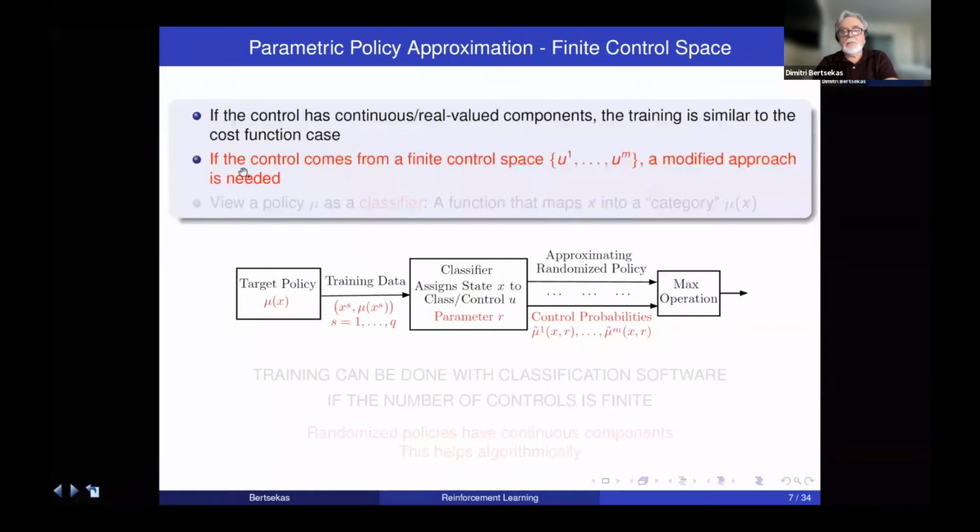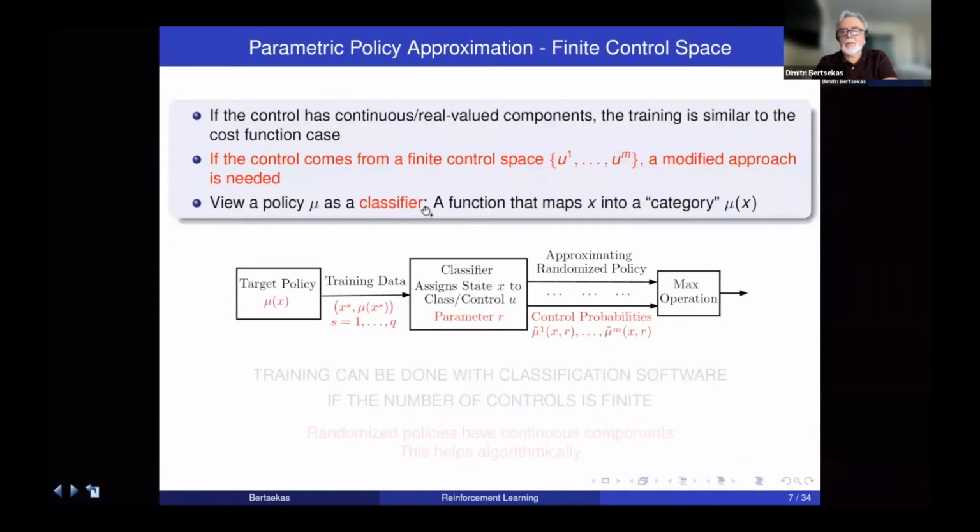On the other hand, if the control comes from a finite control space, and can only take a finite number of values, then we need to modify the approach of approximation a little bit. And there's an interesting analogy, an interesting relation between finding an approximating policy and building a classifier. What is a classifier?